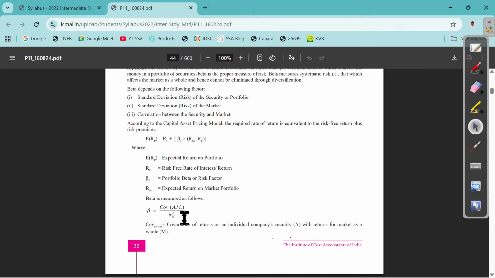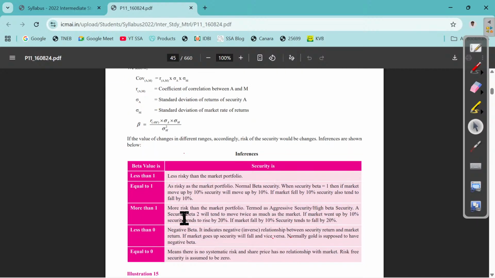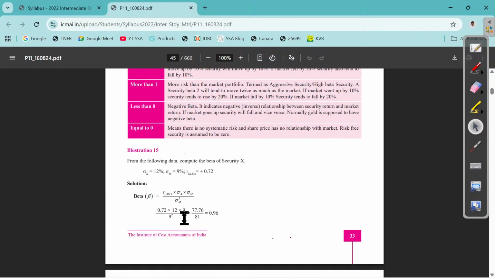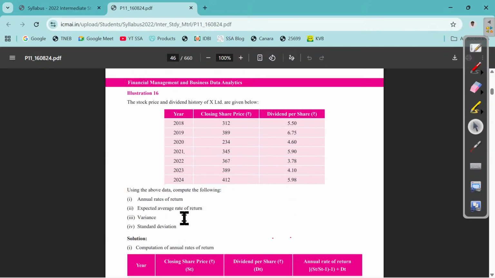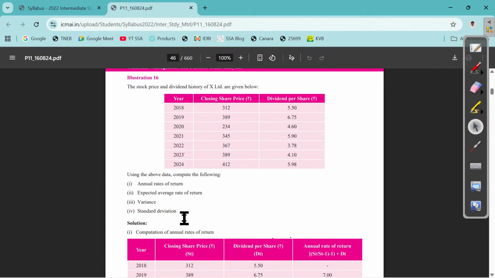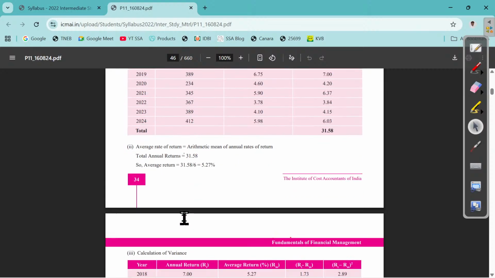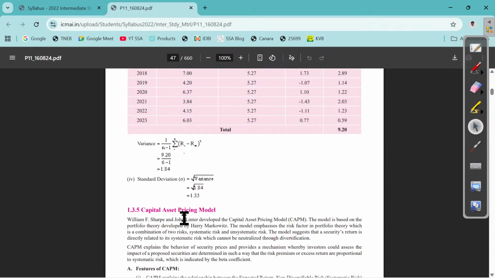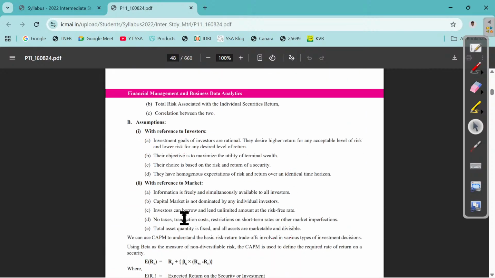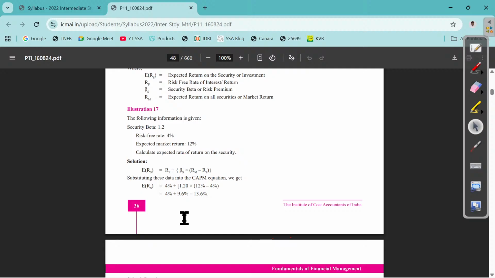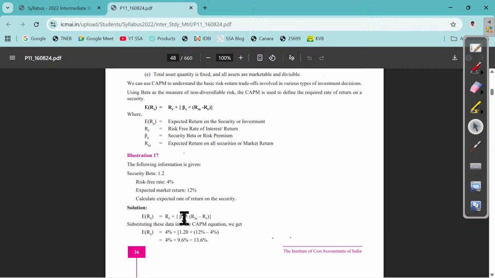Beta is also given. So beta is calculated for this. Capital asset pricing model. These formulas also I explained in detail.